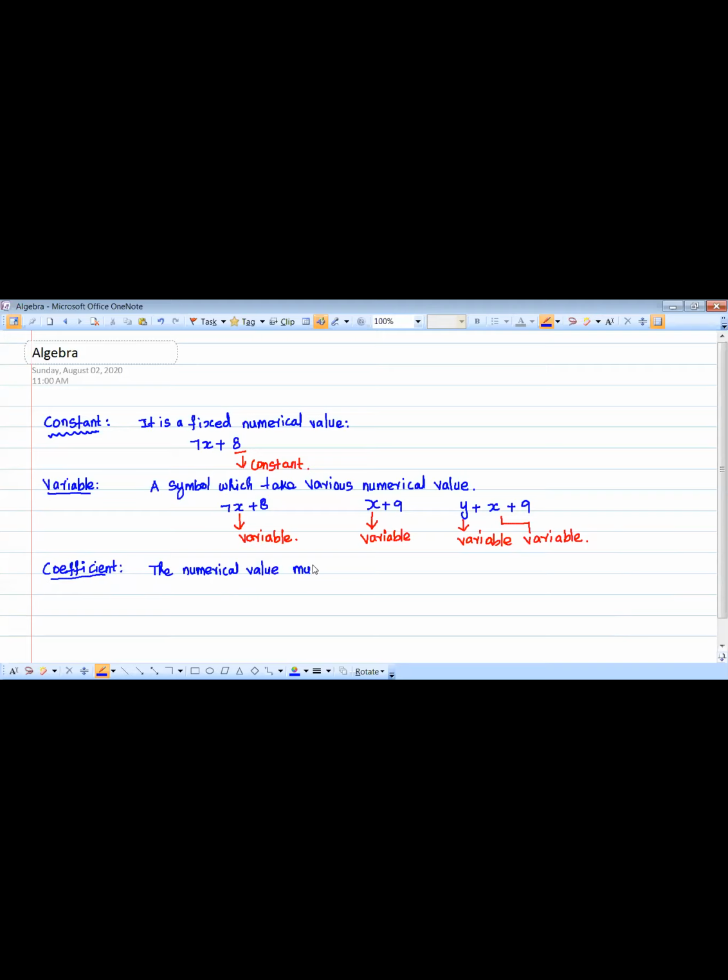The numerical value multiplying with the variable is called coefficient.